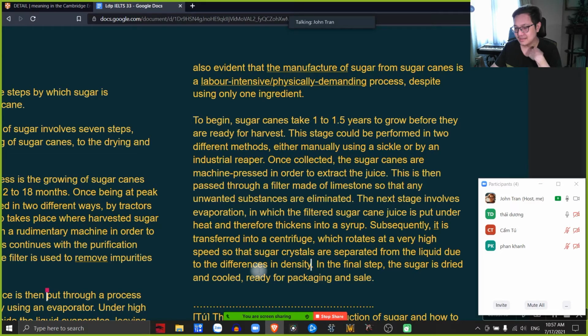No, it's not just density. It's actually different in mass. But I'll be okay with this one, no problem. This is not like, you know, physics class.